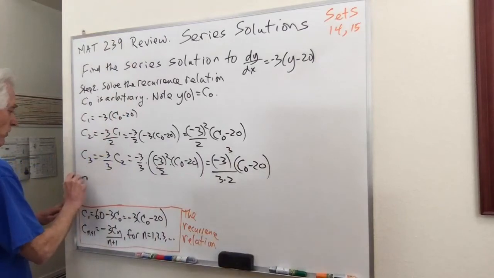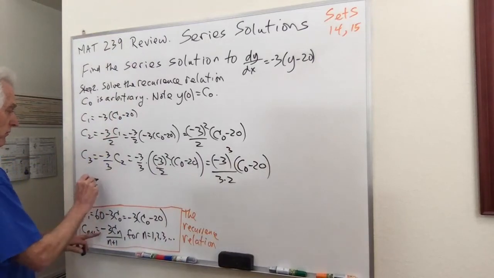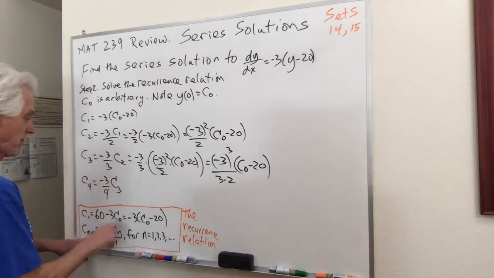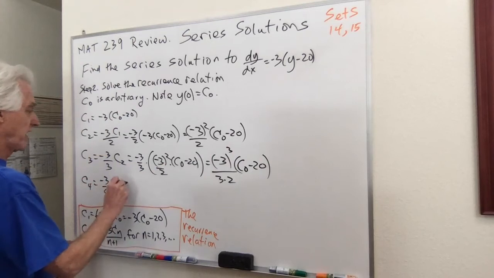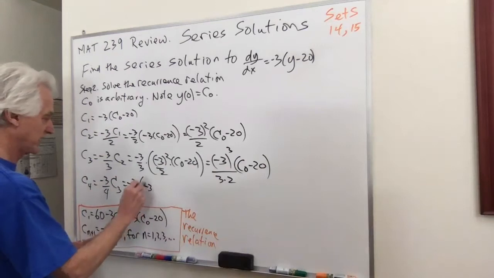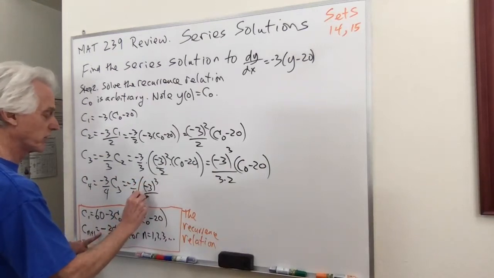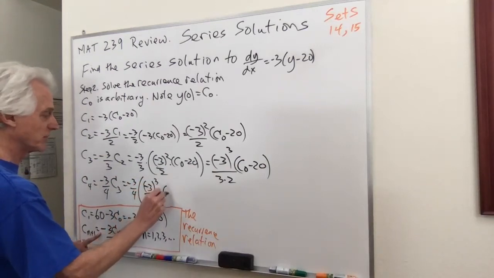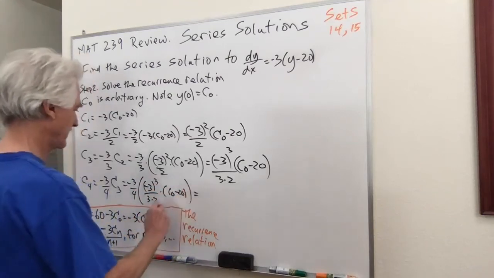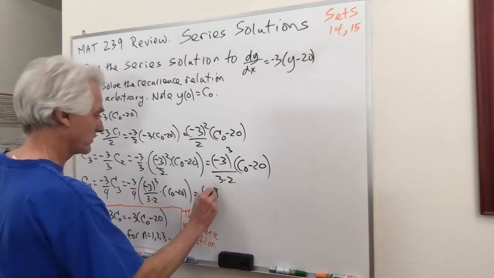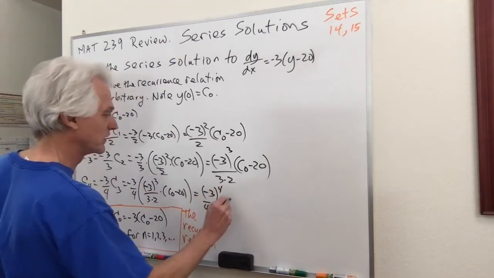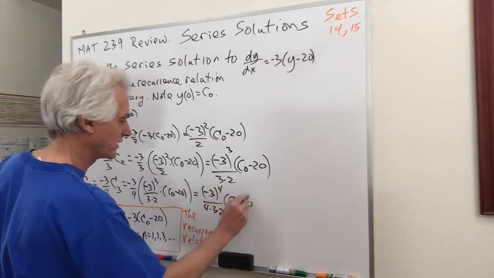What is C4? Minus 3 over 4 times C3. And that is minus 3 over 4 times minus 3 cubed over 3 times 2 times C0 minus 20. That is equal to minus 3 all to the 4th over 4 times 3 times 2 times C0 minus 20.